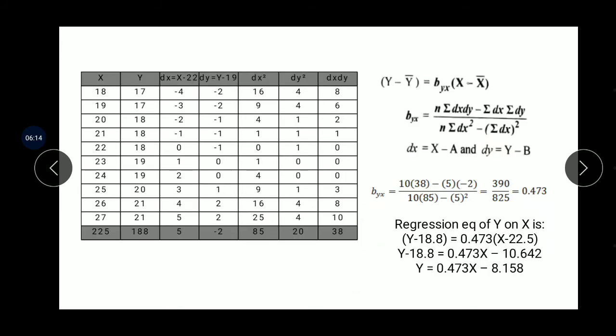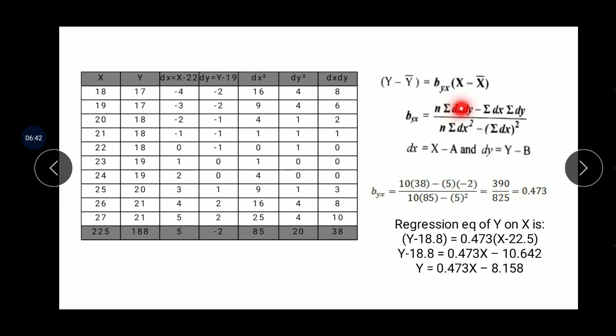Now we have this table, and this is the formula to find the regression equation of y on x. y minus y bar equals byx times x minus x bar, where byx is given by this. Firstly, we'll calculate byx. We'll put the values of all these things here. N is 10, the total number of entries, so n equals 10.